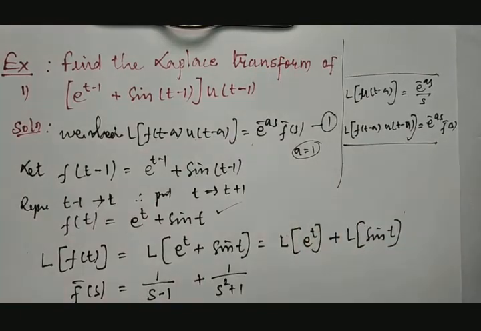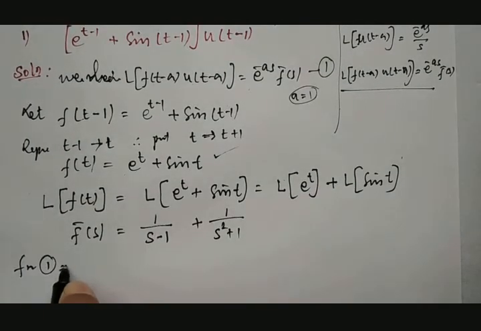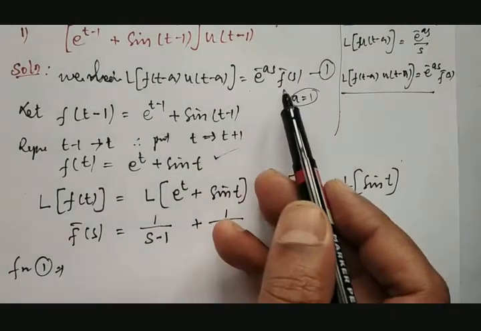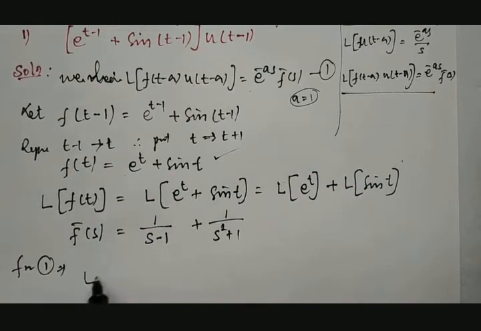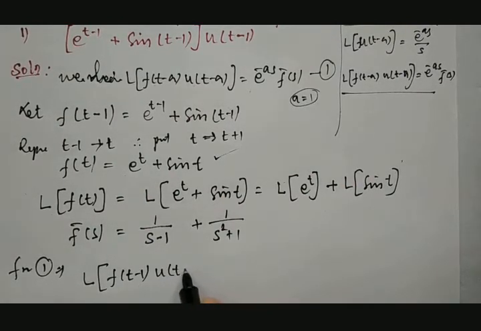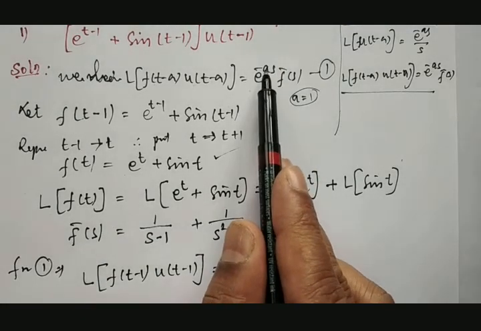I will call this equation number 1. From equation number 1, what happens now? Equation number 1 says the Laplace transformation of f of t minus 1 into u of t minus 1 is equal to e raised to minus as.